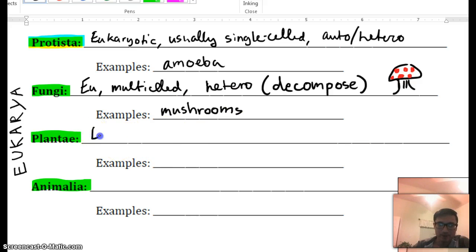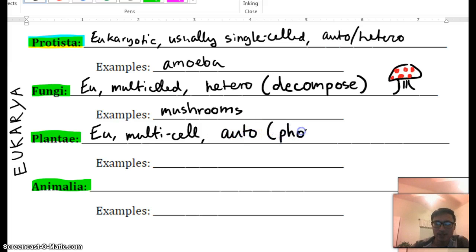Plantae, okay, again, eukaryotes. They're going to be multicellular. And these are going to be autotrophic. They make their own food using the process of photosynthesis. So we have a plant. See if I could highlight it. There we go.